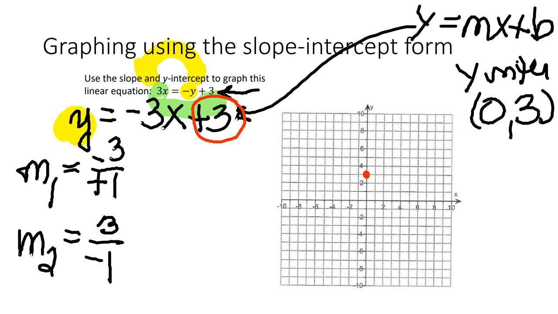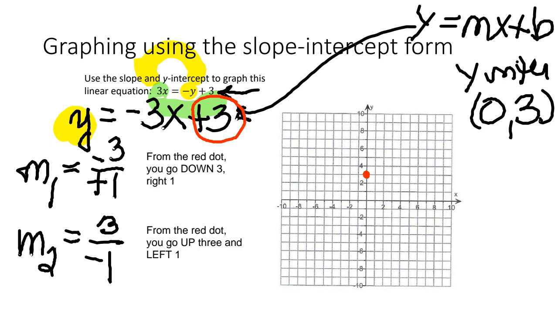Okay. Now, this first one means from the red dot, you go down 3, right 1. From the red dot, you go up 3 and left 1.